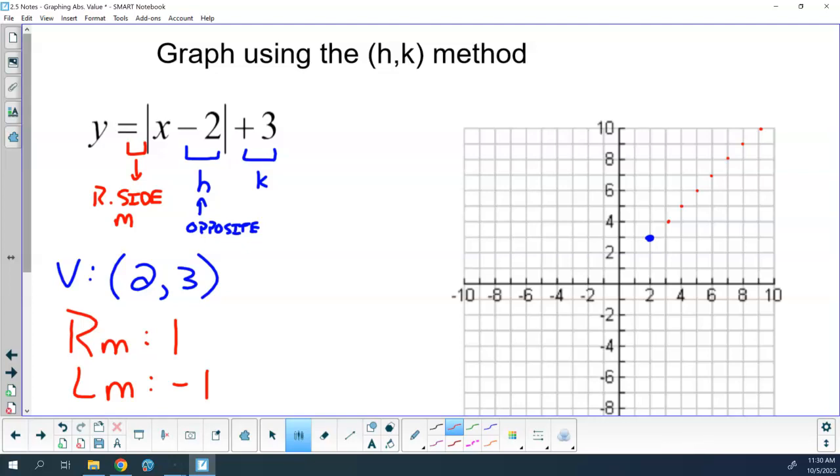Okay? I don't want baby sharks. I want V's. So instead of going down and right, I'm going to go up and left. And that gives me the V that I need.